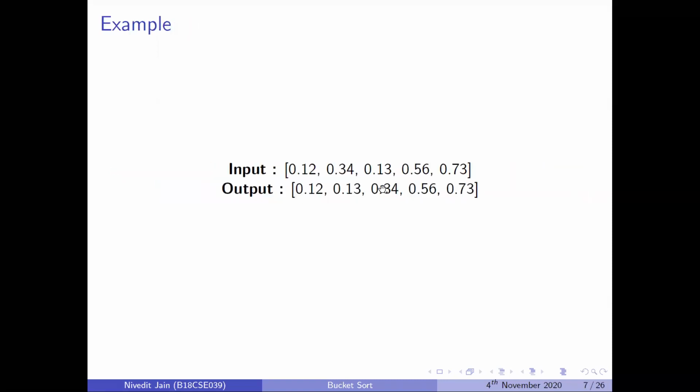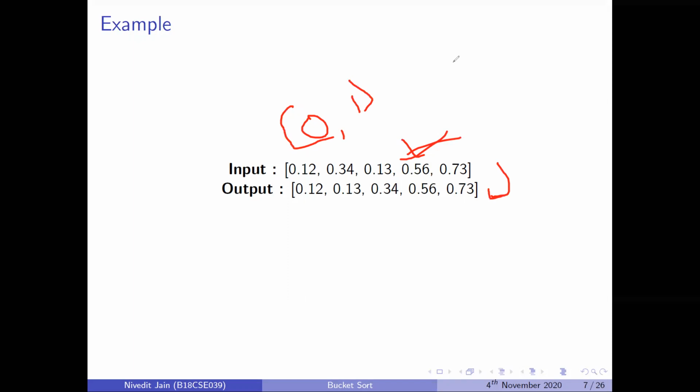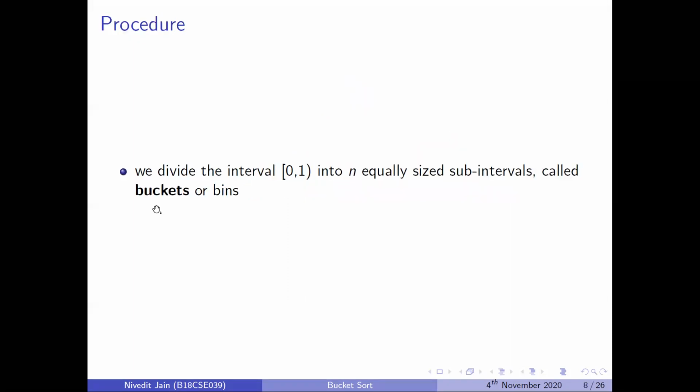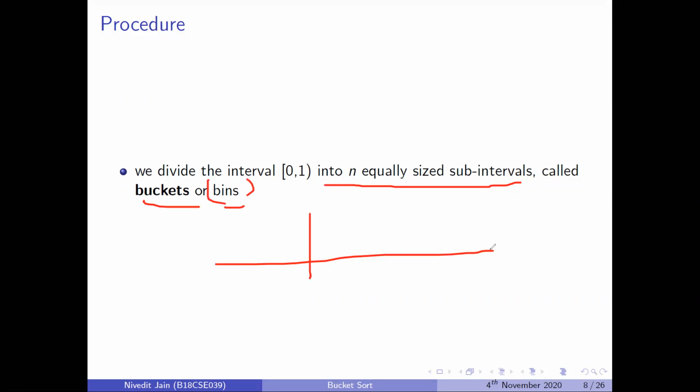So for example, here are certain numbers in the range 0 to 1. This would be the sorted output. We divide them into n equally sized intervals called buckets. In some books, it's also written as bins.